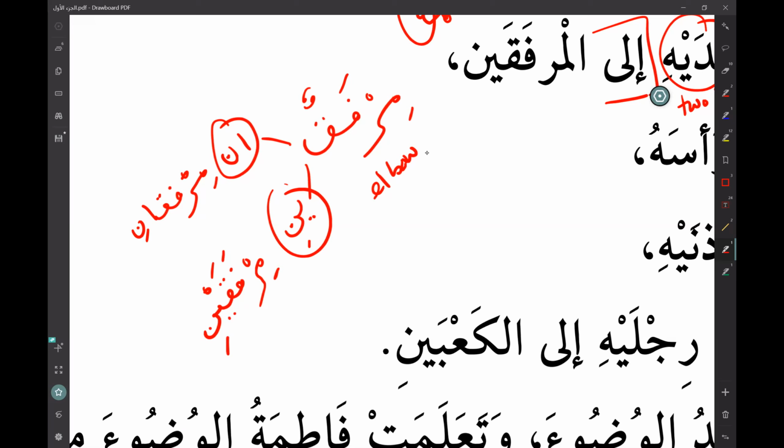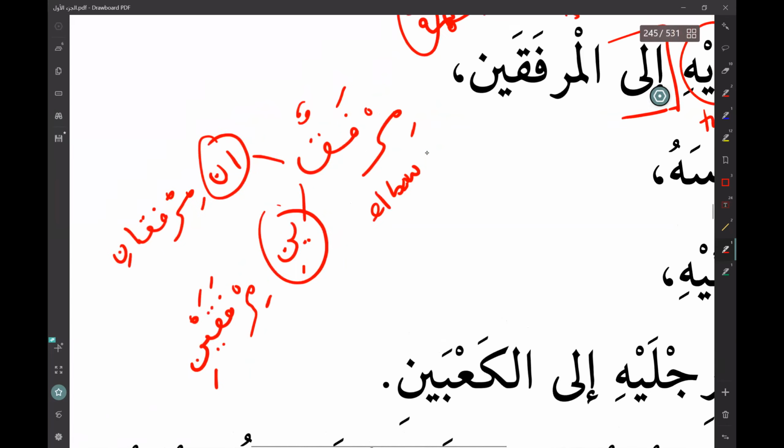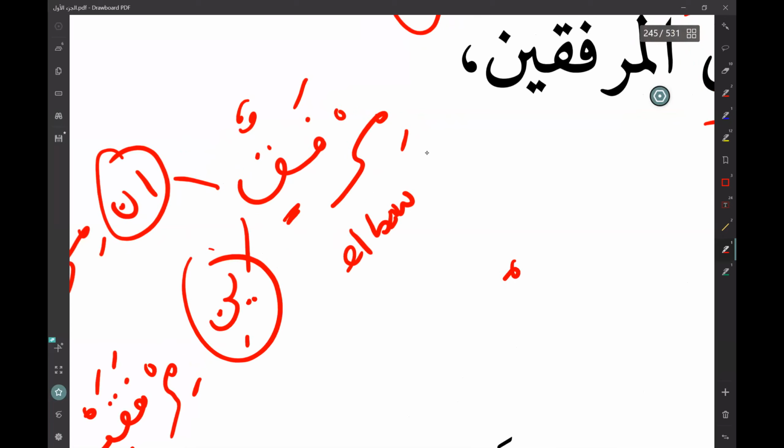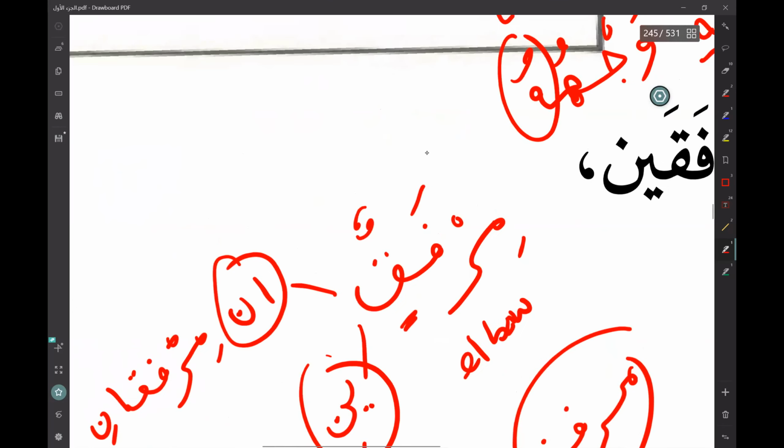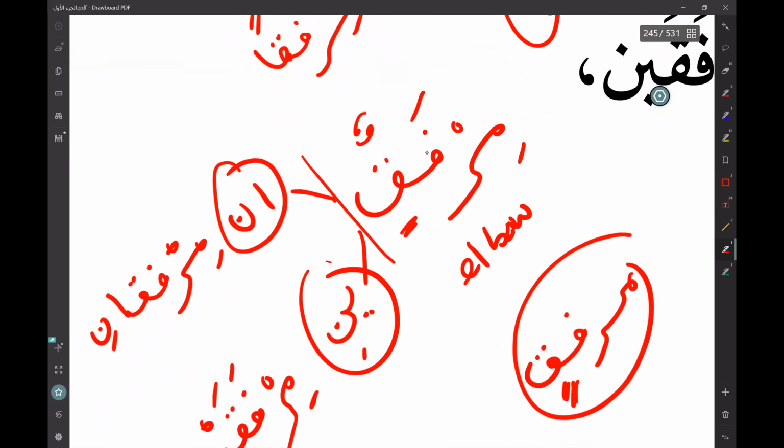Okay, so this is also two, but this would be in a case when the word is an object or it is in the mudaf ilayh form. Basically, when you're supposed to put kasra, because as you can see here, you can say mirfaq, mirfaqin, mirfaqan. Very easy. Okay, so this word we don't have any problem.